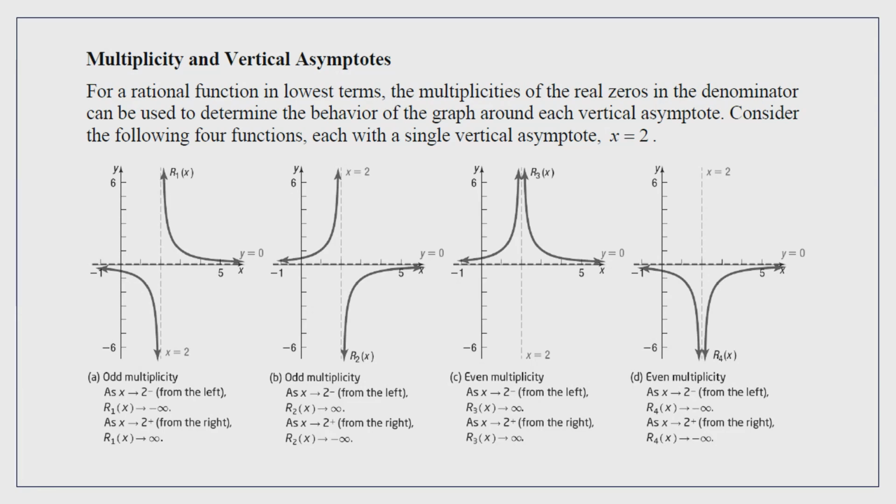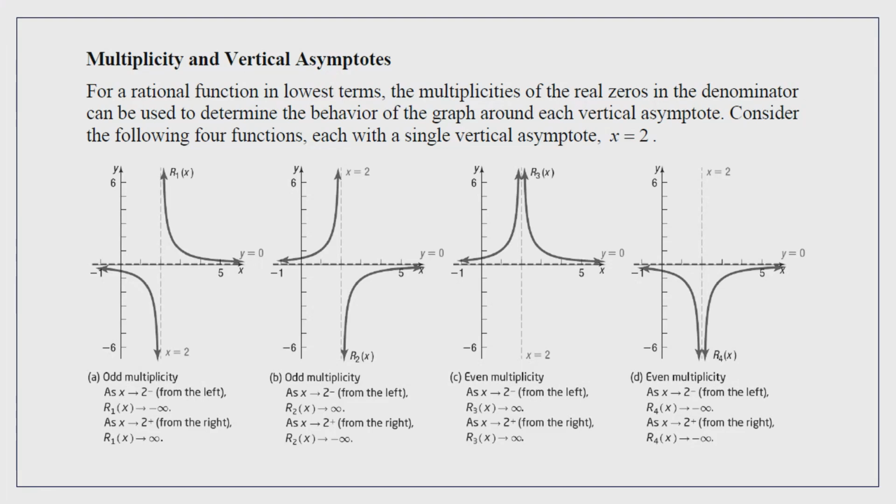So as x is approaching 2 from the left, your y is approaching infinity, or as x is approaching 2 from the right, your y is approaching negative infinity. Again, as it's approaching your vertical asymptote, from either side, the direction of y is opposite. So one's going to positive infinity and one's going to negative infinity. When this happens, you can state that there is an odd multiplicity at this value.